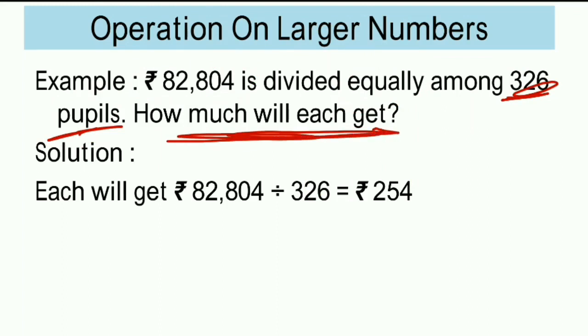So what will you do here? It is very easy, as I have said in the beginning, that when the data for one is given and you have to find for many, you will multiply. Just the opposite also applies: if data for many is given and you have to find for one, it means here it has been given for 326 people.